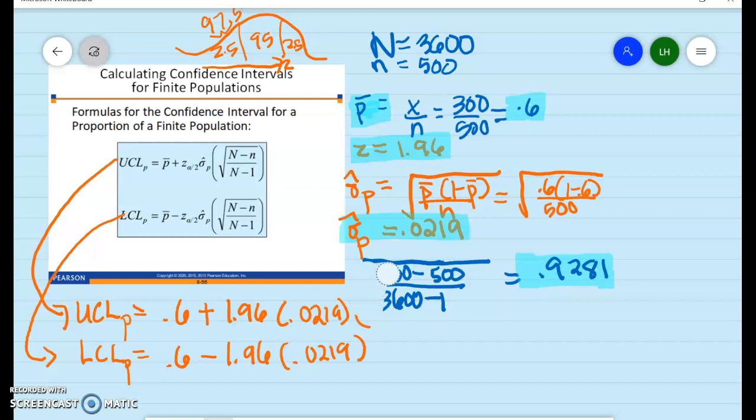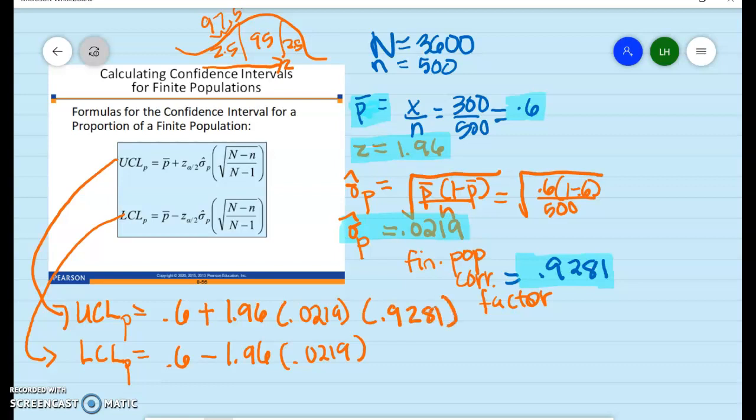I'm going to erase this so we can have room here. That was our population correction factor, or finite population correction factor. So 0.9281.